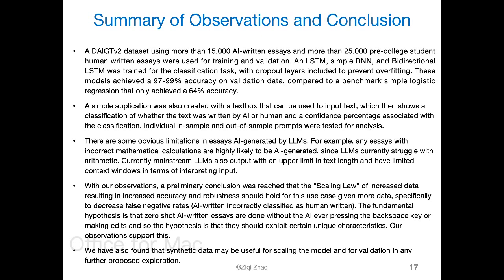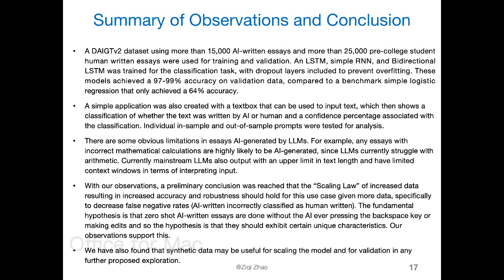So more data would result in increased accuracy and robustness, and this would likely decrease the false negative rates. We saw there were more false negatives than false positives, which is AI written essays being incorrectly classified as human written. Because the more you show it AI written essay topics, the more it correctly identifies these.